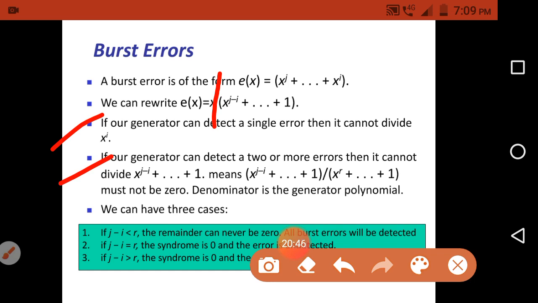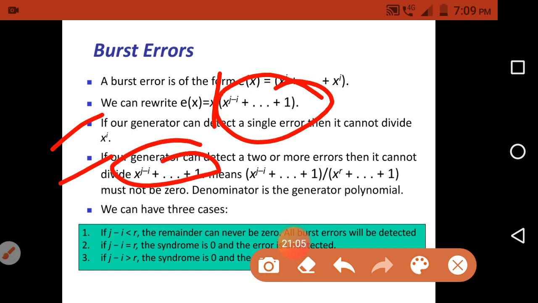And the next point is, if our generator or divisor wants to detect burst errors, then it cannot divide this second factor, that is x raised to j minus 1 plus so on plus 1. So if our generator can detect two or more errors, that is a burst error, then it cannot divide the second factor.